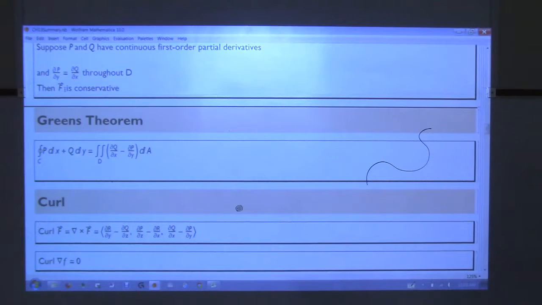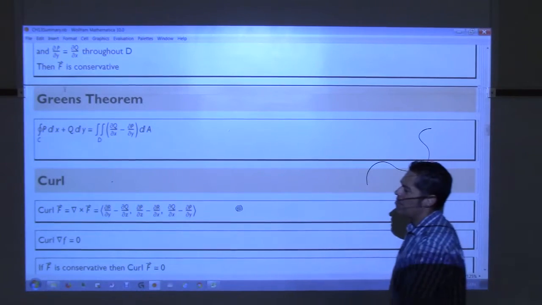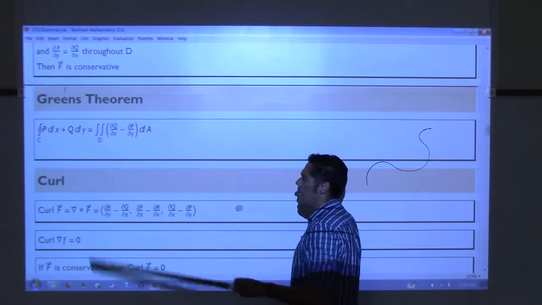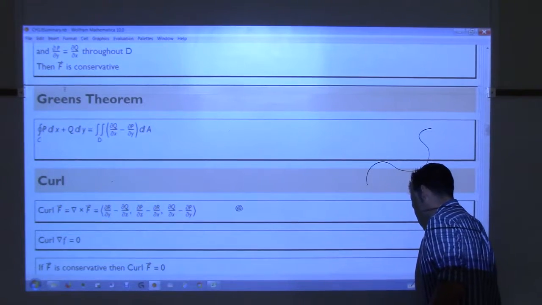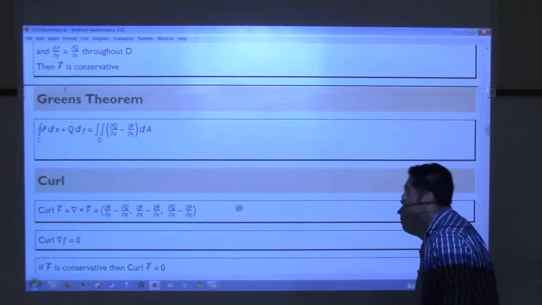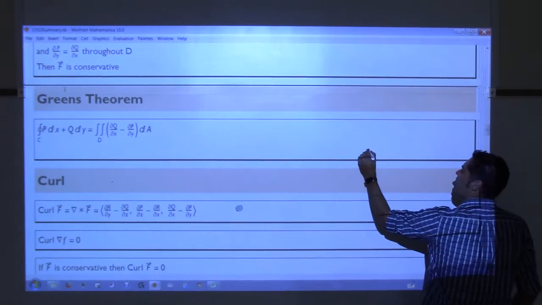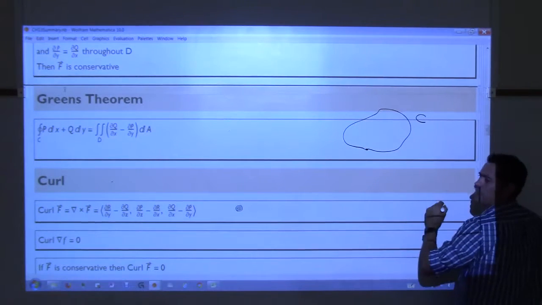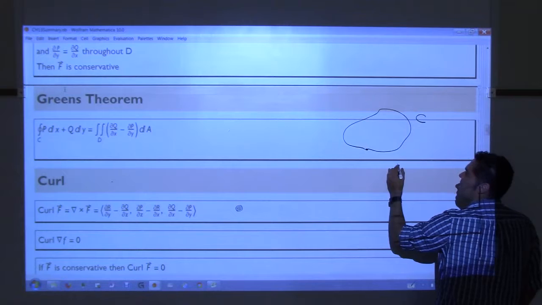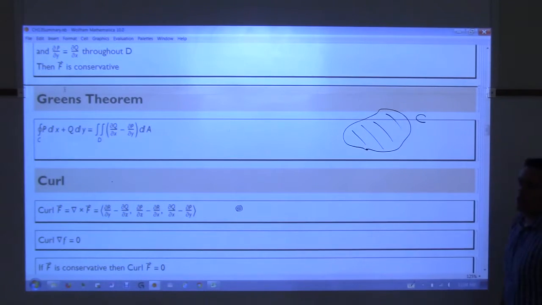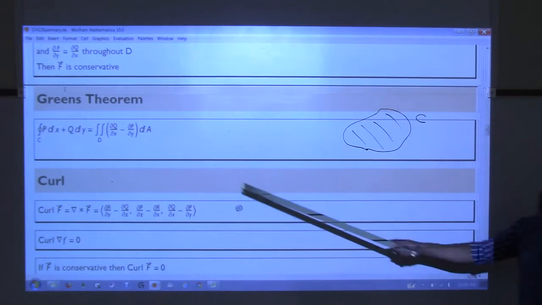And then we got to Green's theorem, which gave us a way of computing work. It said that if we had a curve that was closed, like this, then finding the work along this curve was equivalent to doing a double integral over that area, and you'd have to compute these partials.